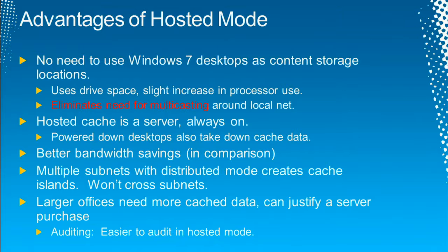So having multiple subnets with distributed mode means that I'm creating, just like someone said over here, kind of these content islands. The Poughkeepsie and the Walla Walla office are going to have different islands of content. So we have to be conscious of that, but that might be okay.